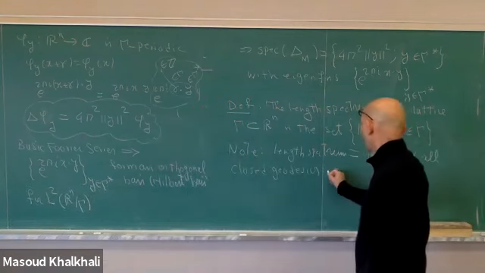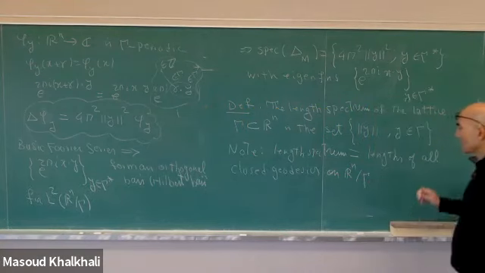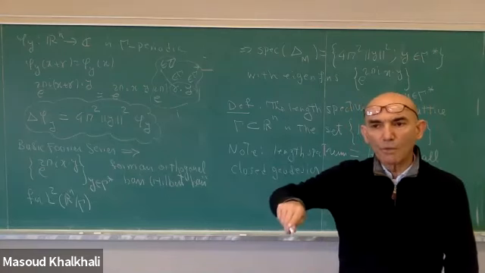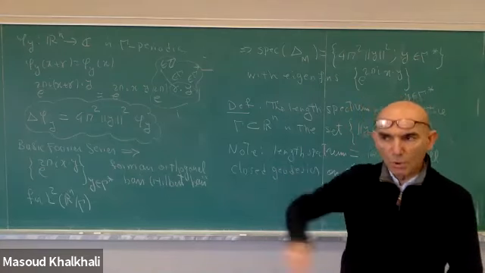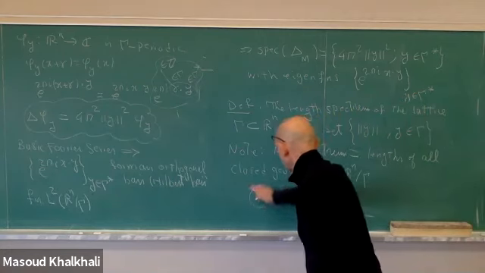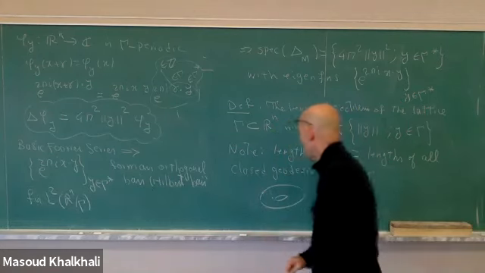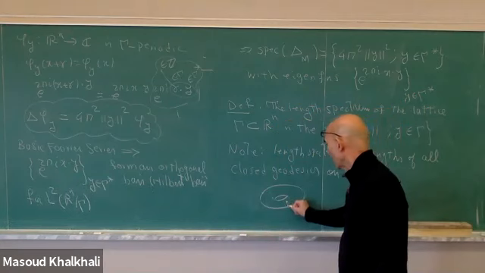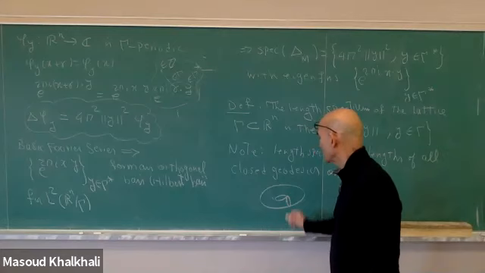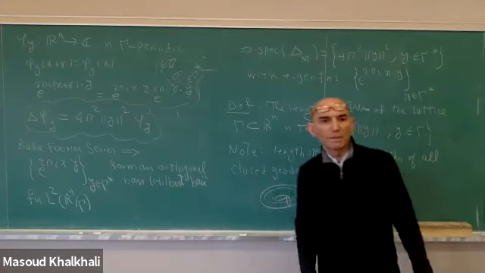By a closed geodesic, I don't mean a geodesic that wraps around only once. You can have it going around several times. On a torus, for example, you can go around once, twice or three times, or have other closed geodesics.